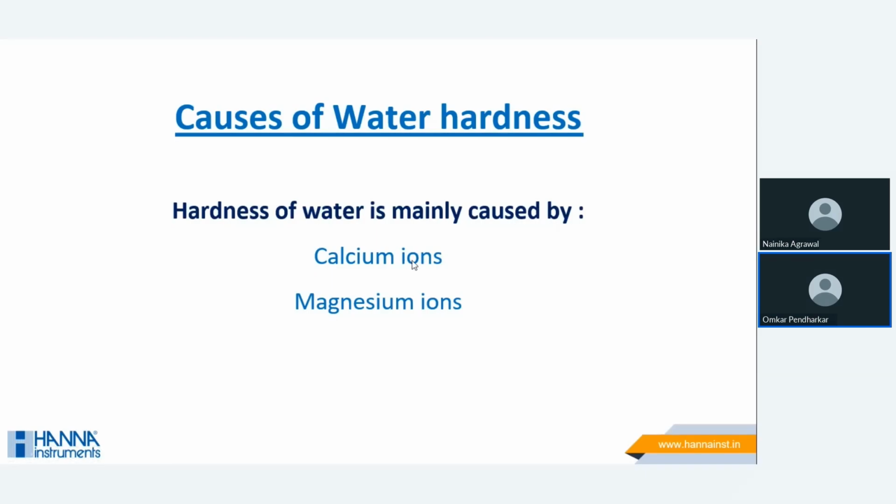Basically, the rainwater does not flow through any types of rocks or soils. So it is considered as more pure water or less hard water than the groundwater, because in groundwater there are different types of minerals and ions present, which cause the hardness of water. So these are the main reasons for the hard water.